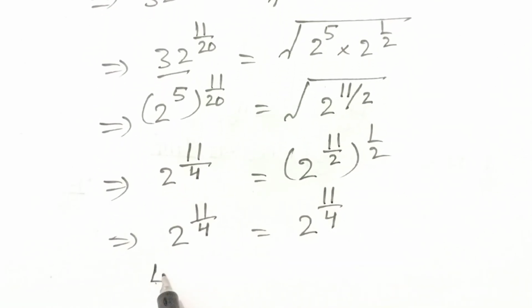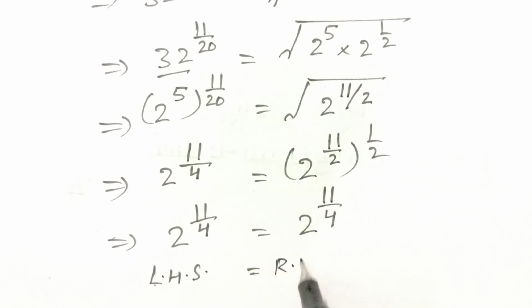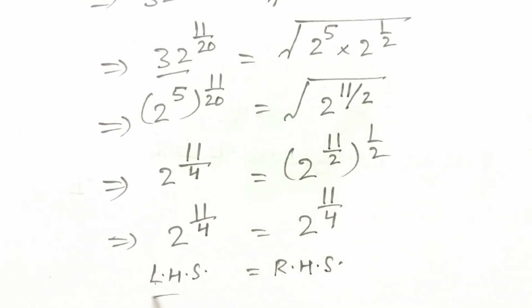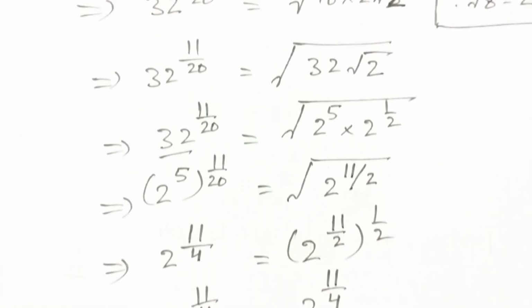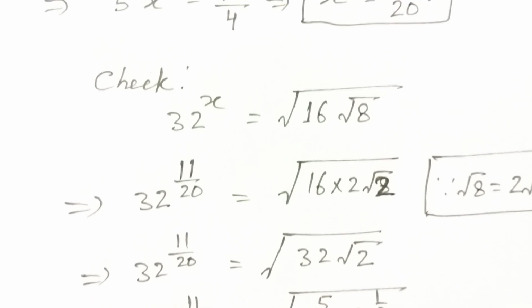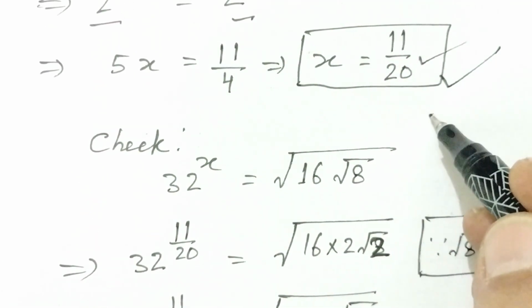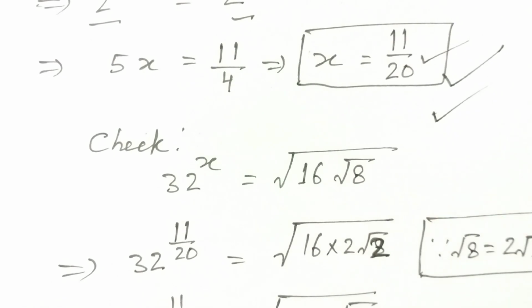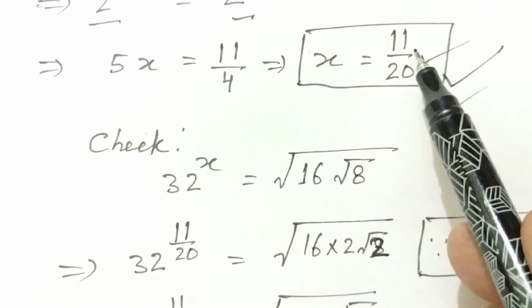So left hand side is equal to right hand side. So we can say that our answer x is equal to this is correct. So we can safely say that x is equal to 11 over 20.